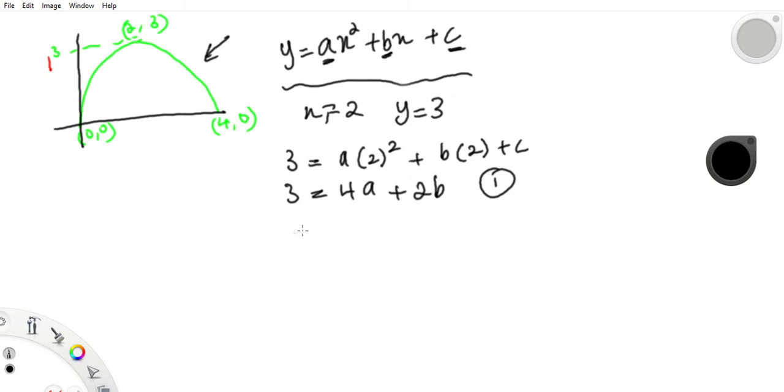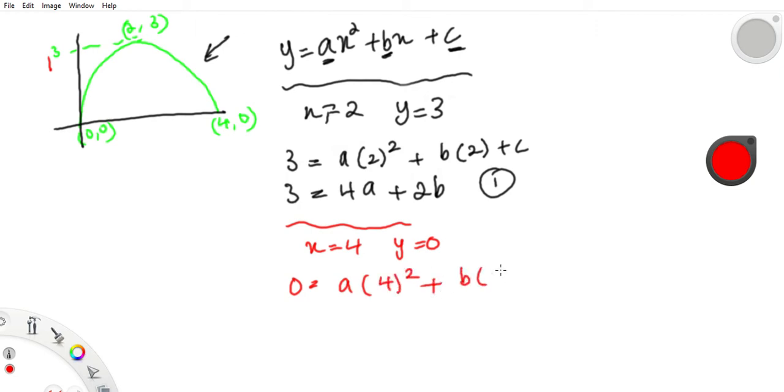And if we do this again for the last point, when x is 4, y is 0, we have 0 equals a bracket 4 squared plus b bracket 4 plus c. So that's 16a plus 4b equals 0.